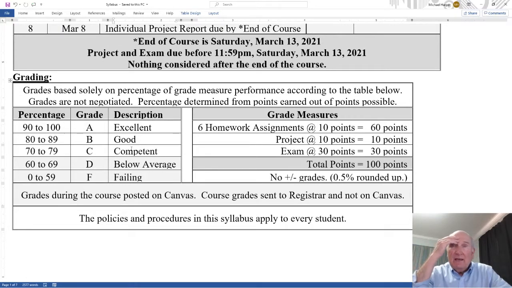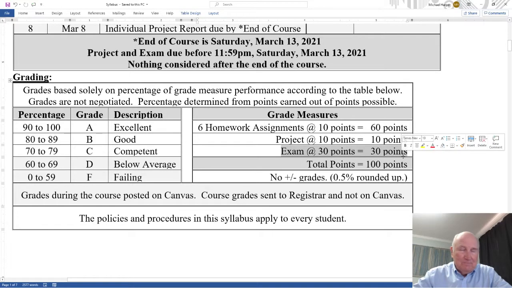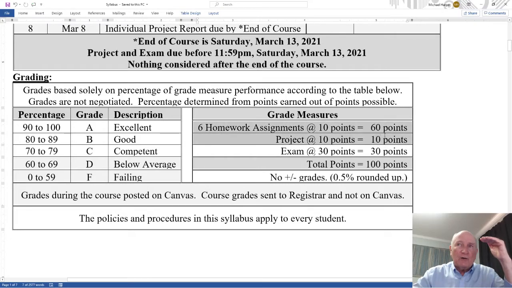Whatever grade you get on the exam, percentage-wise, if you get a 90%, 95%, 85%, or 50%, if that is higher than the lowest homework grade, then I'll replace the lowest one. Whatever the lowest homework grade is, if your exam percentage is higher, then I'll replace that.